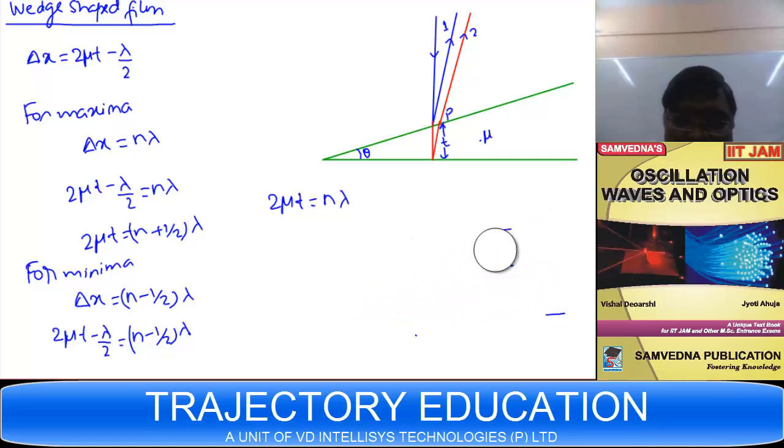Now if you are interested in getting the position on the film, then I can write T as x_n sine theta, or this will be x_n theta.